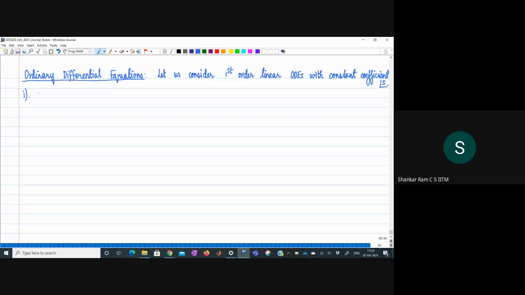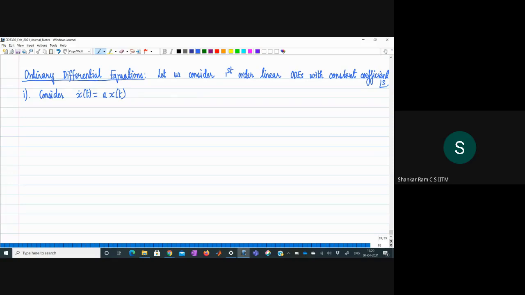Let us first consider a very simple equation. We will consider scalar only. We'll start from simple examples and go progressively to more general cases.